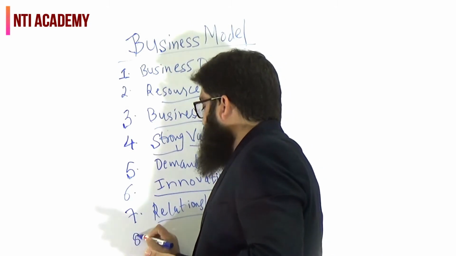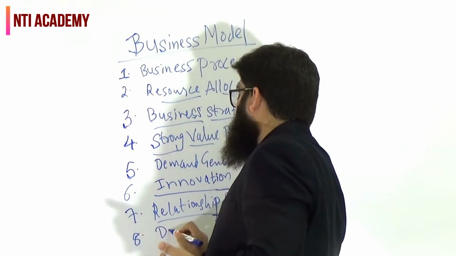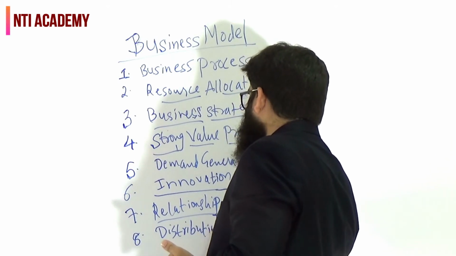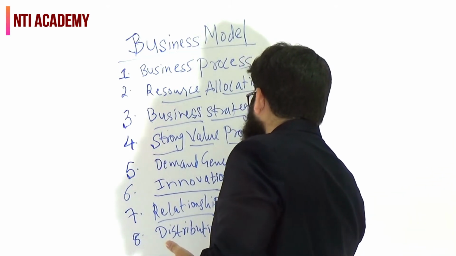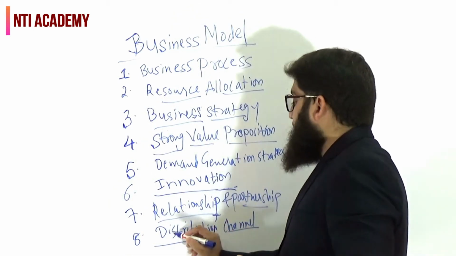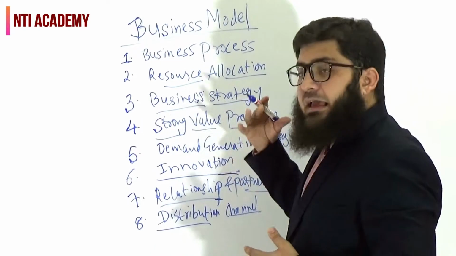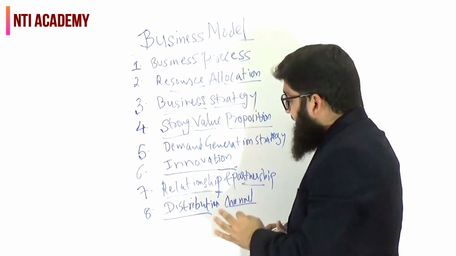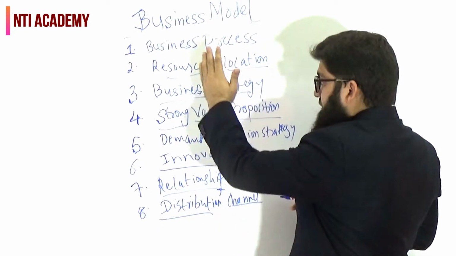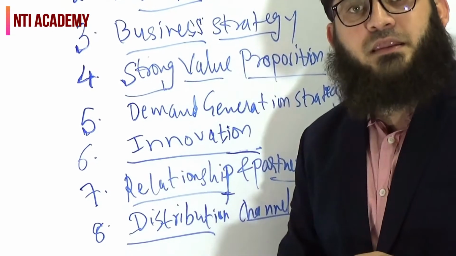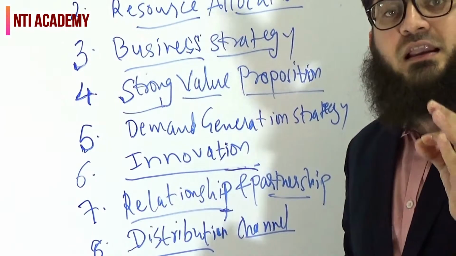Now number 8, we can see that the distribution channel is very important. Distribution channel is again a very important factor for the company. If you are investing in any of the businesses, any share, it's important that you understand whether the company has a strong distribution channel. If the company is product-based, definitely having a strong distribution channel is very important.